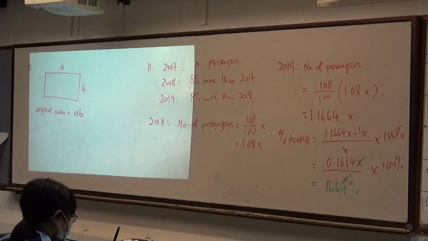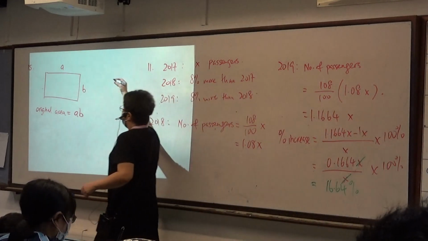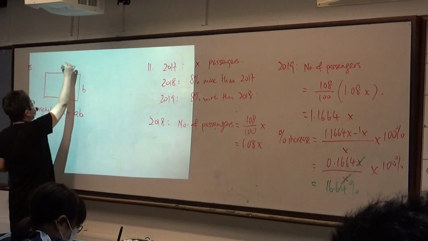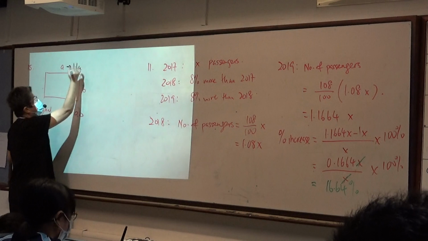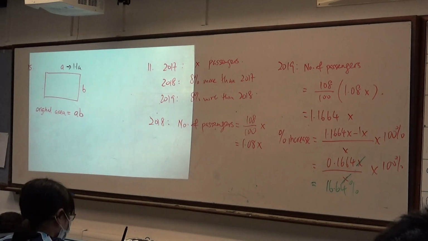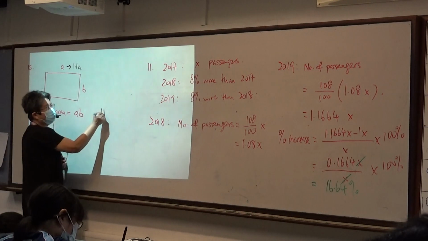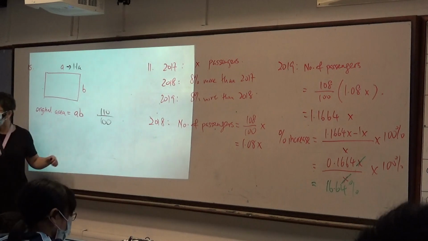Now I'm going to do something to it. Let's take a look at the question. The length is increased by 10%. Increased by 10% means it will become 1.1 A. How do I get 1.1? Do you agree this is 1.1?